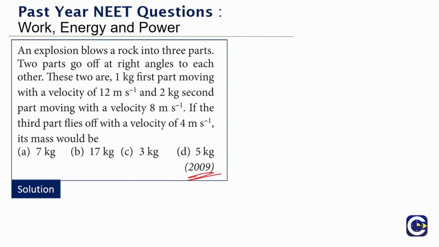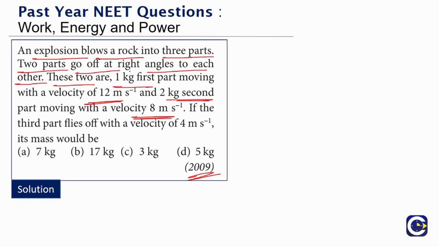Next we have a question on explosion. This one has come in the year 2009. An explosion blows a rock into 3 parts. 2 parts go off at right angles to each other. These 2 are 1 kg, which is moving with a velocity of 12 meter per second, and 2 kg, which is moving with a velocity of 8 meter per second.